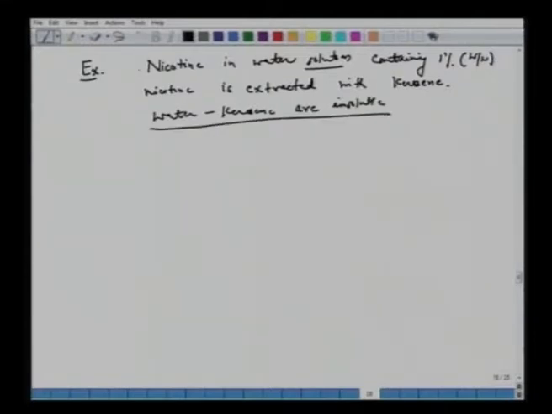So this is an example of the previous section we discussed earlier also. From the statement you can make out nicotine is the C solute, water is A, and the solvent kerosene is B or S. But A and B are insoluble.